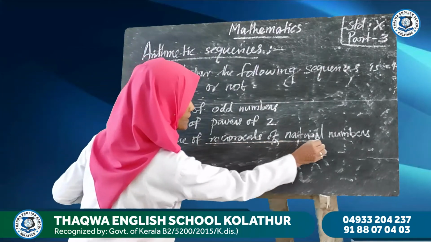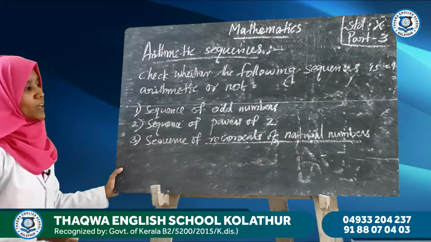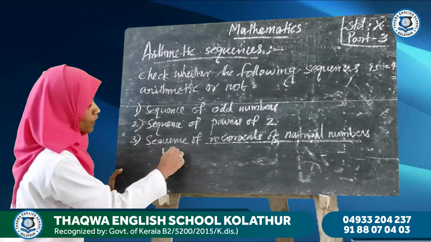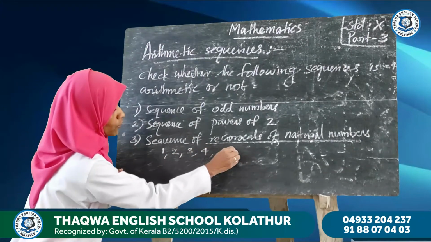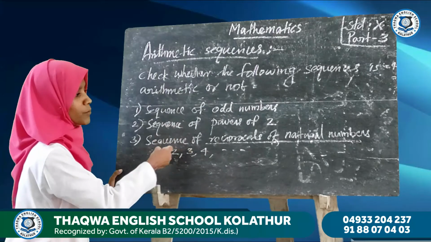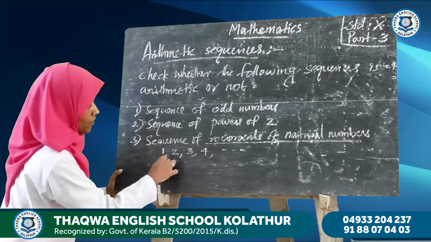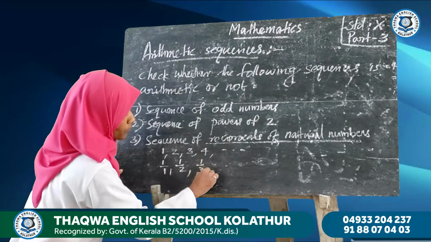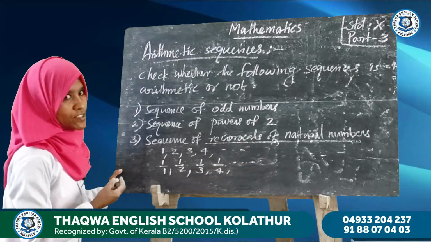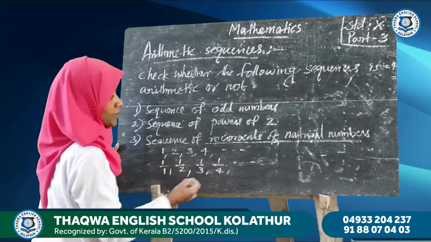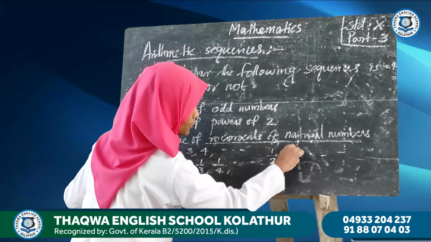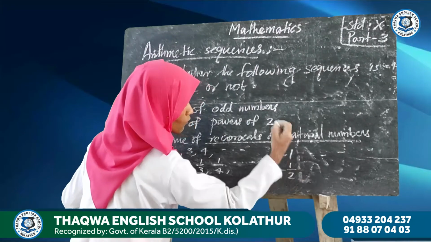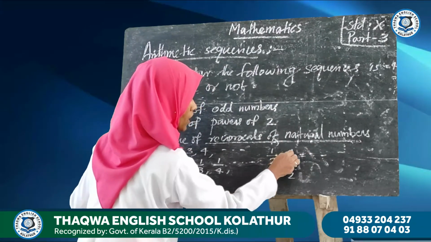Third, sequence of reciprocals of natural numbers. First, what is sequence of natural numbers? 1, 2, 3, 4, etc. Reciprocal എടുക്കുമ്പോൾ എന്താ ചെയ്യാം? 1 by 1, 1 by 2, 1 by 3, 1 by 4, etc. Find out the difference. First, 1 by 2 minus 1, which is half minus 1.